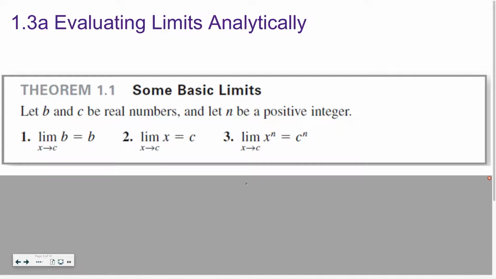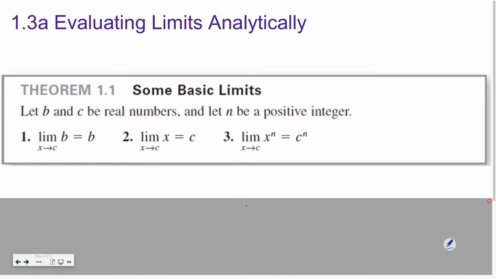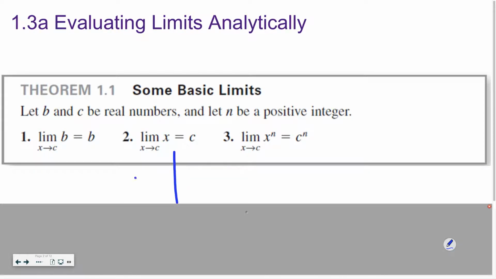The limit as x approaches C of x is C. Essentially, whatever this is, we can plug that C value in for. Our identity function, y equals x, our x and y coordinates are all the same.